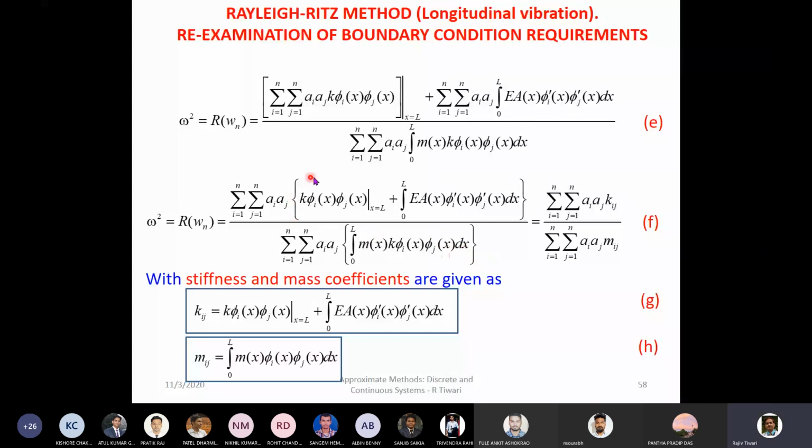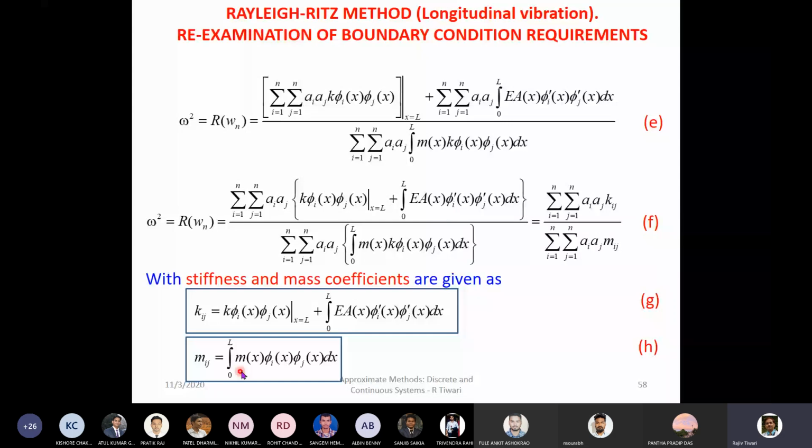Now I'm defining the term within the bracket as Kij, and the term within this bracket as Mij. Kij is from the numerator, and Mij is from the denominator.